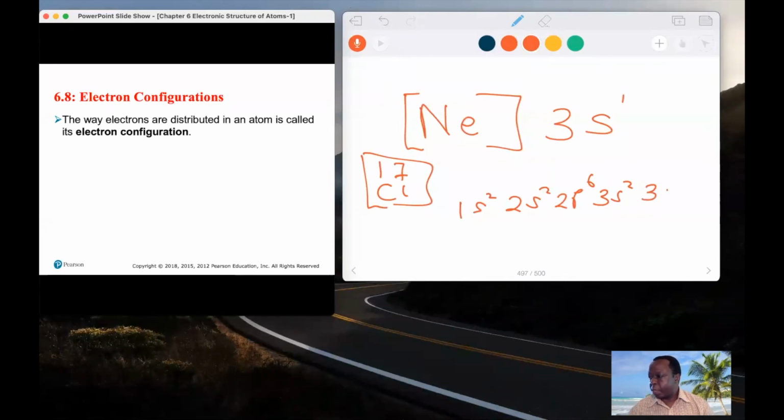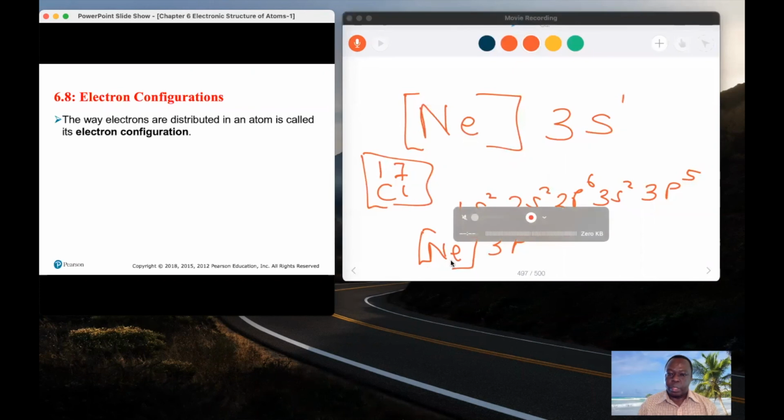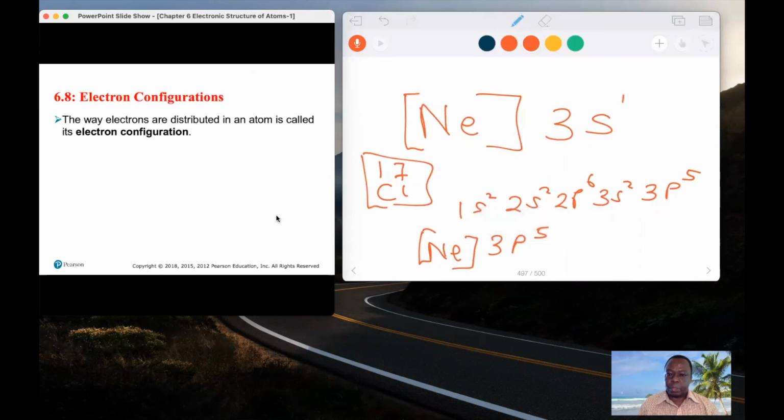So 3p5, not 3p6, 3p5. So if I'm to write the shorthand, neon has 10 electrons and then 3s2 3p5. So you need to know the longer one before you come up with the shorthand electron configuration.